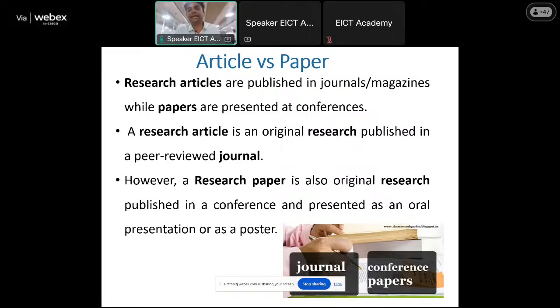A research article is the original research published in a peer review journal, and a research paper is original research published in a conference, or presented as an oral presentation or a poster in a conference. Whenever you submit a paper to a conference, you need to present that paper, and then it will be published in the conference proceedings.